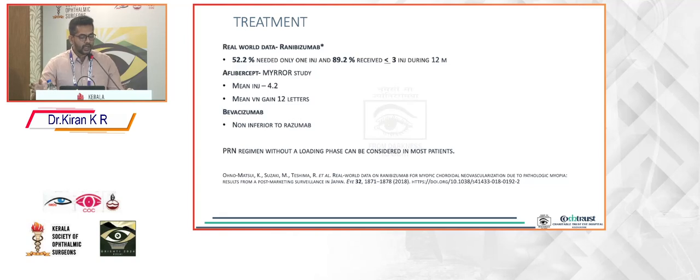Real-world data also showed almost similar results. 52.2% needed only 1 injection, and nearly 90% needed fewer than 3 injections during 12 months. Aflibercept also showed almost similar results with a mean of 4.2 injections. Bevacizumab was also found to be non-inferior to ranibizumab. So in short, this can be managed with an injection followed by a PRN regimen without a loading dosage.